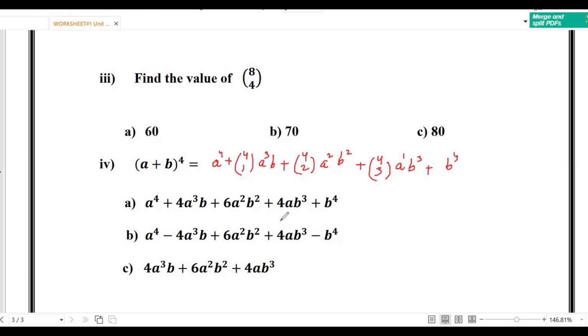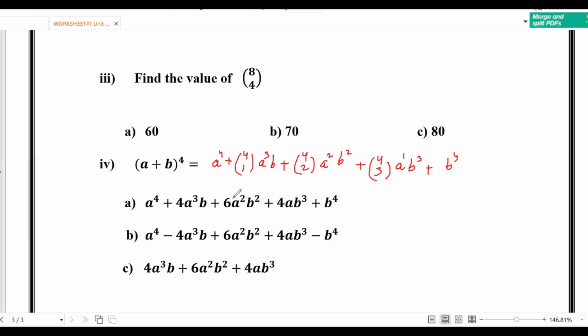So most probably the first is the answer. 4C1 gives us 4, and you can check on the calculator as well. And then 4C2 gives us 6.